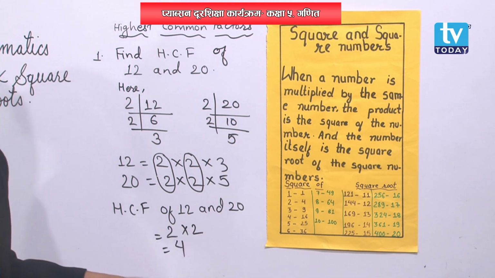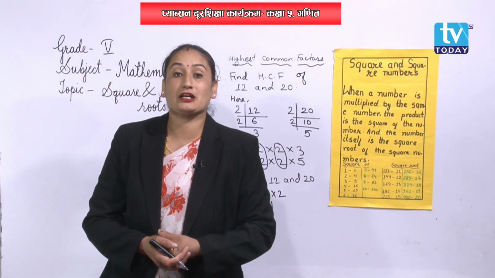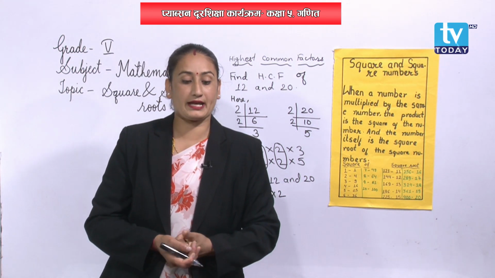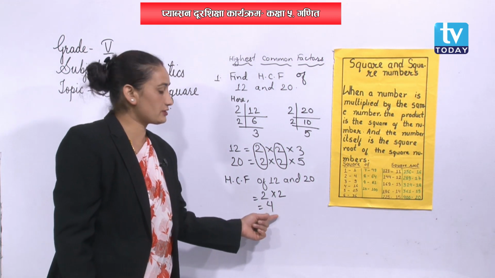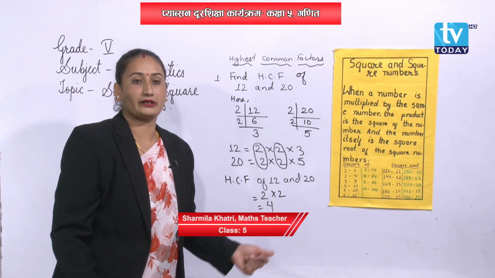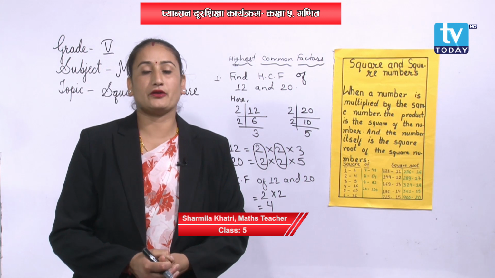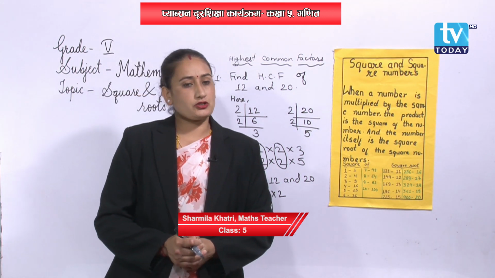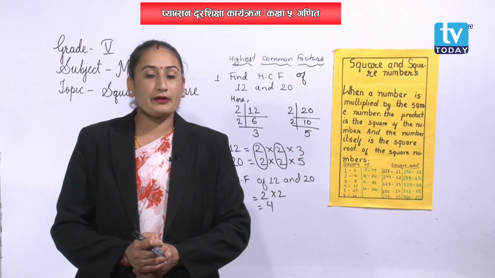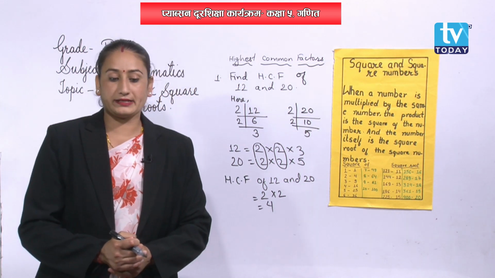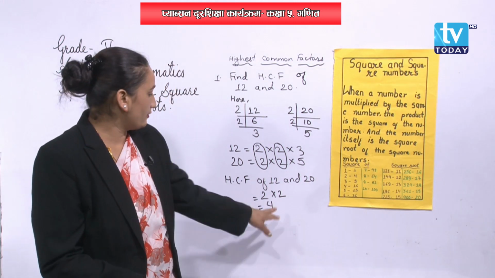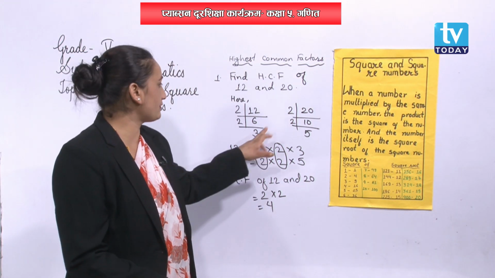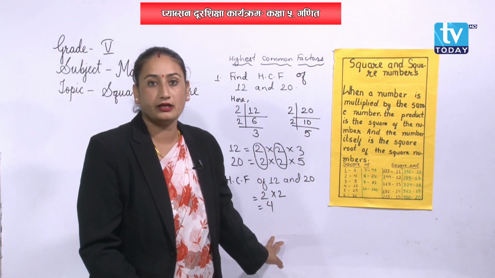Now you can say that the greatest common factor, the greatest number, HCF is 4. Are you getting me? I hope you can solve it now. So students, can we divide 12 and 20 exactly by 4?